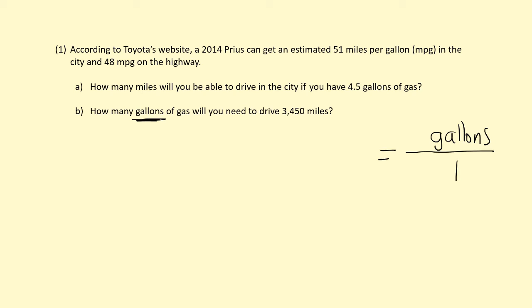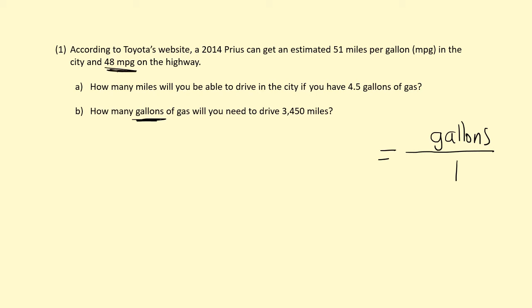And since this one doesn't tell us whether we're driving in the city or on the highway, I'm going to just think about this a little bit and see that driving 3,450 miles is a lot of miles. So if you're driving that distance, you're probably going to be doing a lot of highway driving, so I'm going to use the 48 miles per gallon figure.